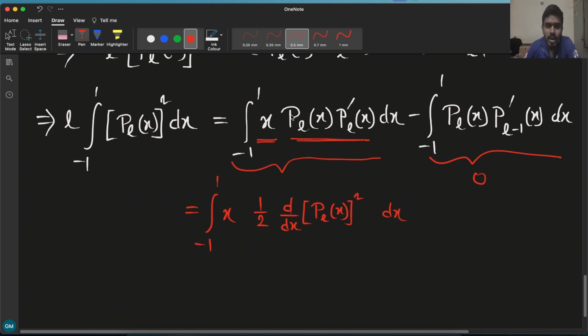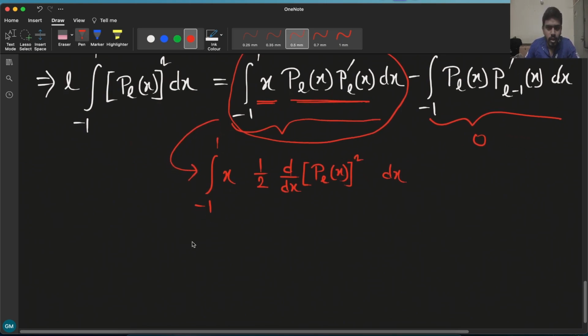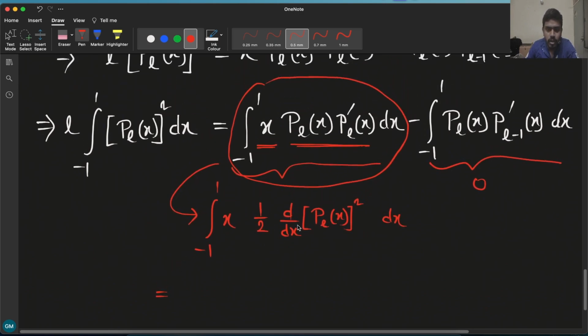I am writing only this term. Then if you do the derivative d/dx of P_l(x) squared, there will be a 2, so this 2 will cancel, and there will be P_l(x) and P_l'(x).